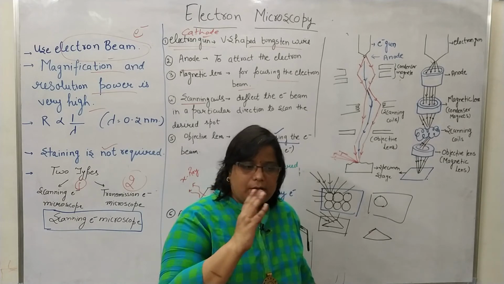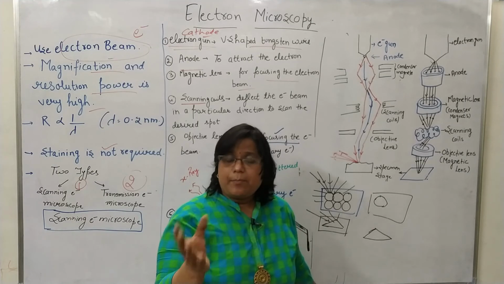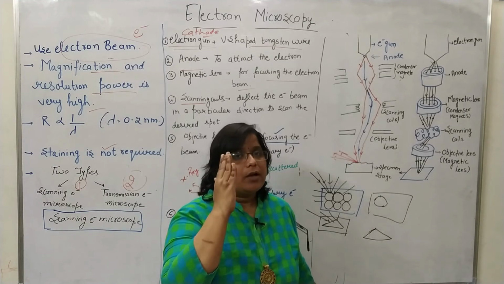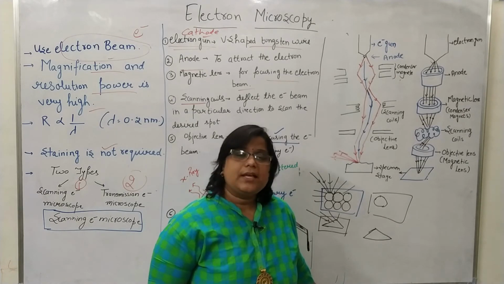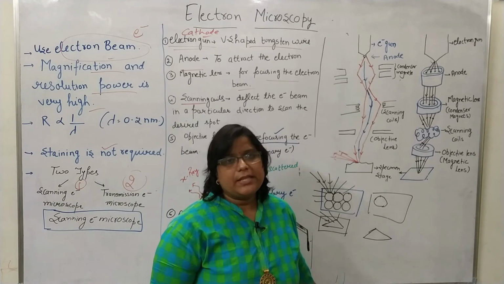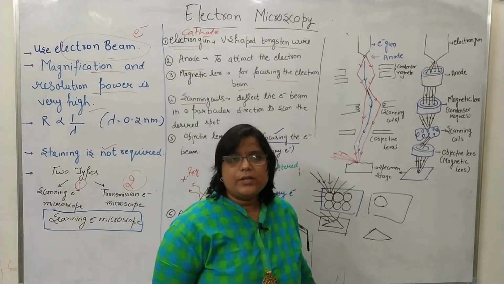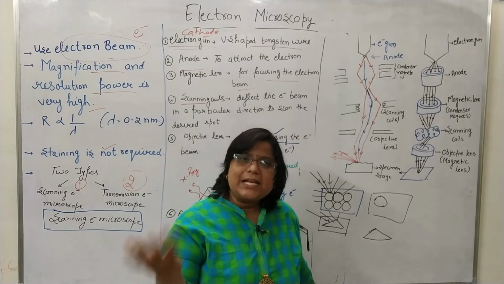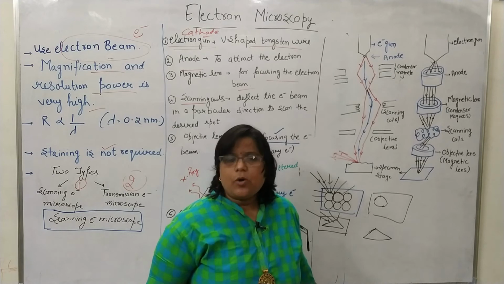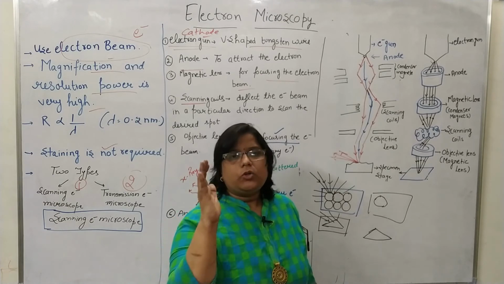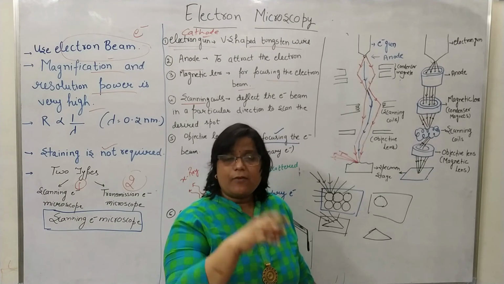To prevent this interaction, we have to create a vacuum. If air particles and the electron beam are both there, the electron beam will interact with the air particles, and a secondary beam or further beams may be generated, which will change your image or your result. So to get a crystal clear image, we have to maintain the vacuum.